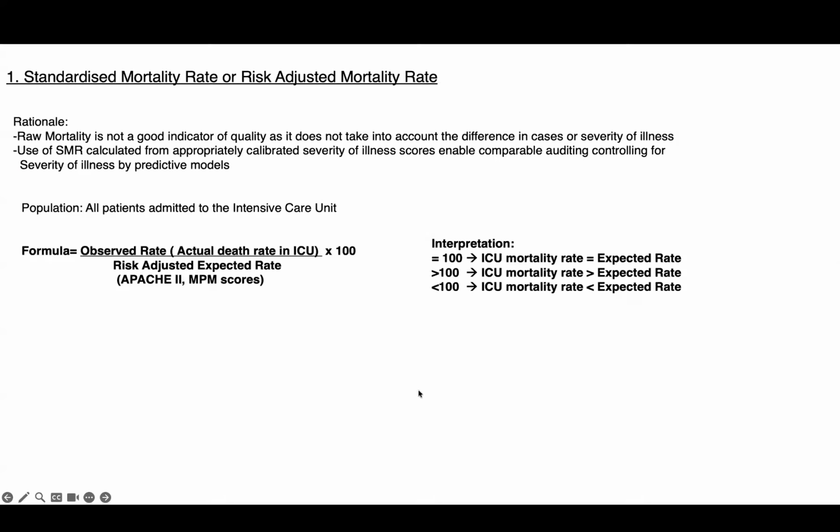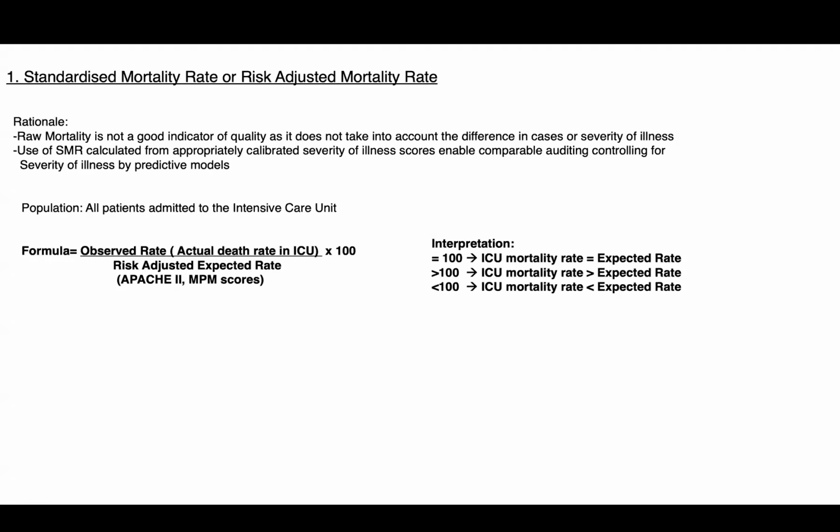Coming to SMR or risk adjusted mortality rate. The rationale for doing this is that raw mortality is not a good indicator of quality as it does not take into account the difference in cases or the severity of illness.